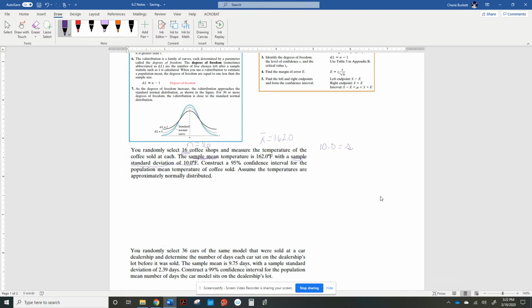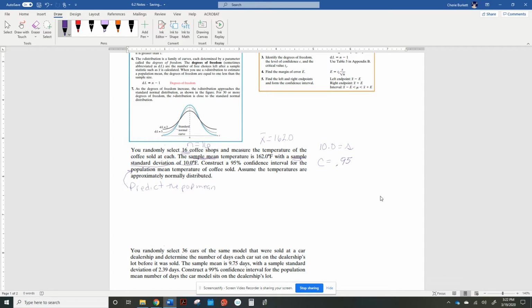Construct a 95% confidence interval. So our C is 0.95. What we're doing right here is using all of this information to predict the population mean. It's just exactly like it was the last time.